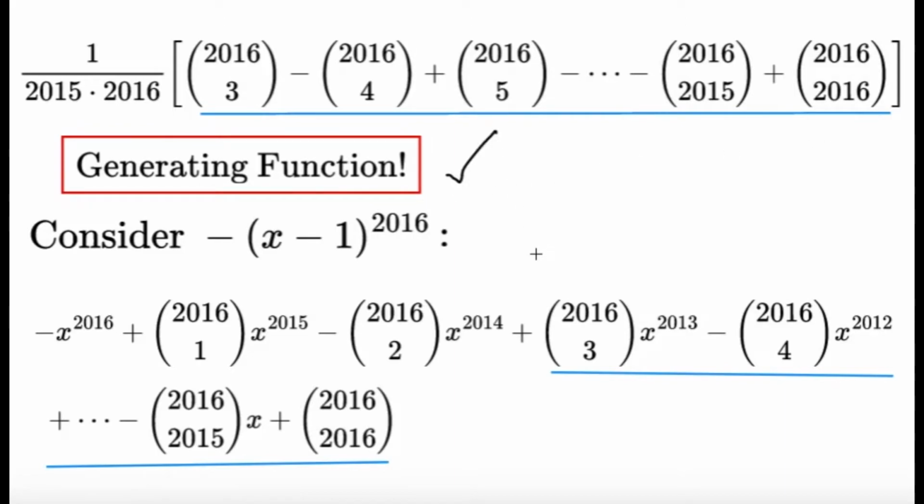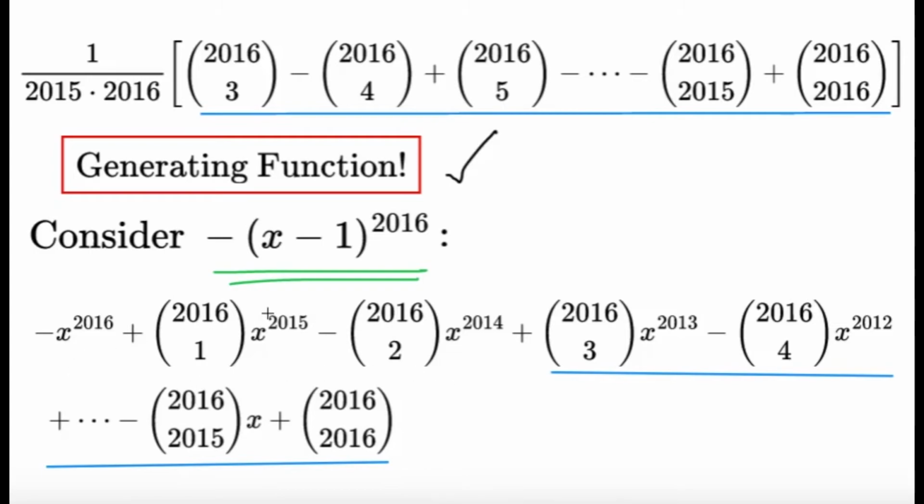Now, I guess the very obvious place where we would use a lot of these binomial coefficients is via the binomial expansion. And in fact, consider the following: negative x minus 1 raised to 2016. If I'm going to expand that via the binomial theorem, I'll get the following.